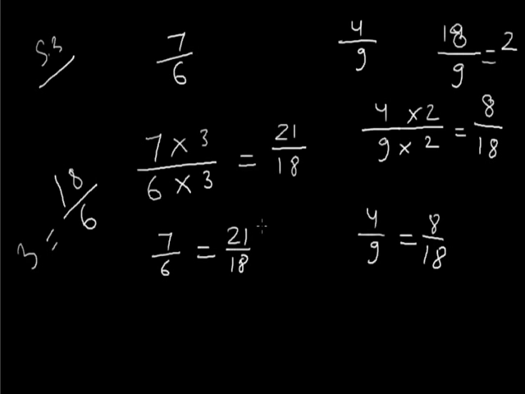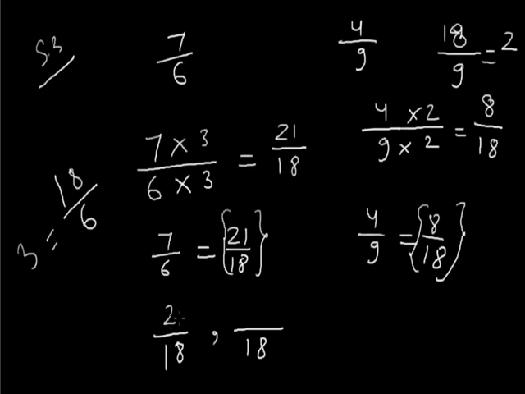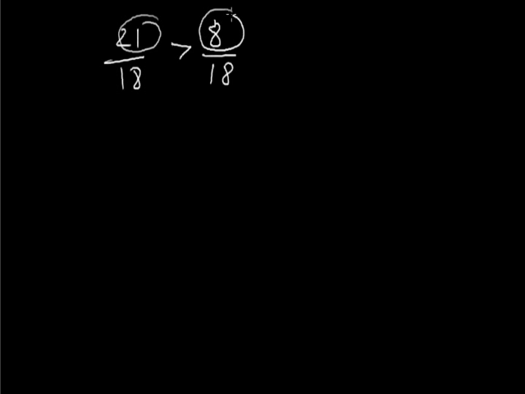Now these two fractions which I have obtained in the last step are comparable because their denominators are the same. Both fractions have the denominator 18, while the numerator of the first is 21 and the numerator of the second is 8. Now you can replace this comma with the inequality by comparing the numerators. The inequality is: 21 upon 18 is greater than 8 upon 18, because 21 is greater than 8.